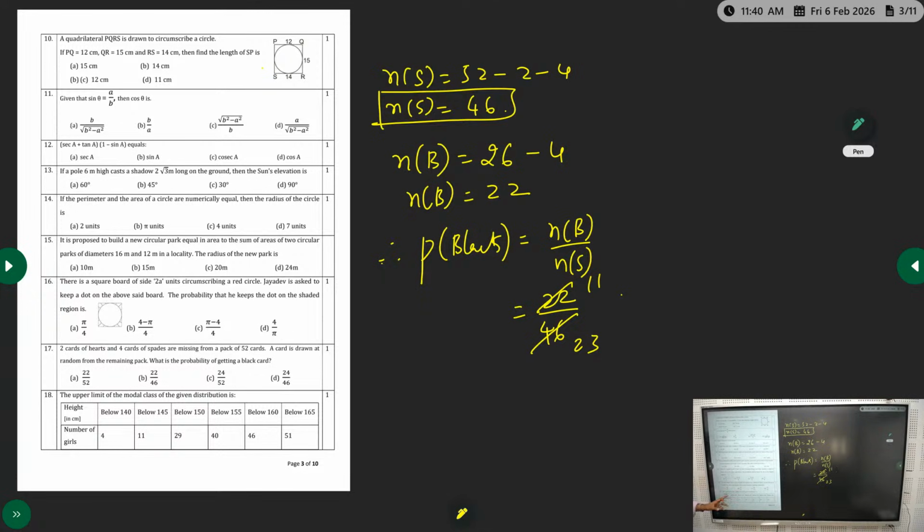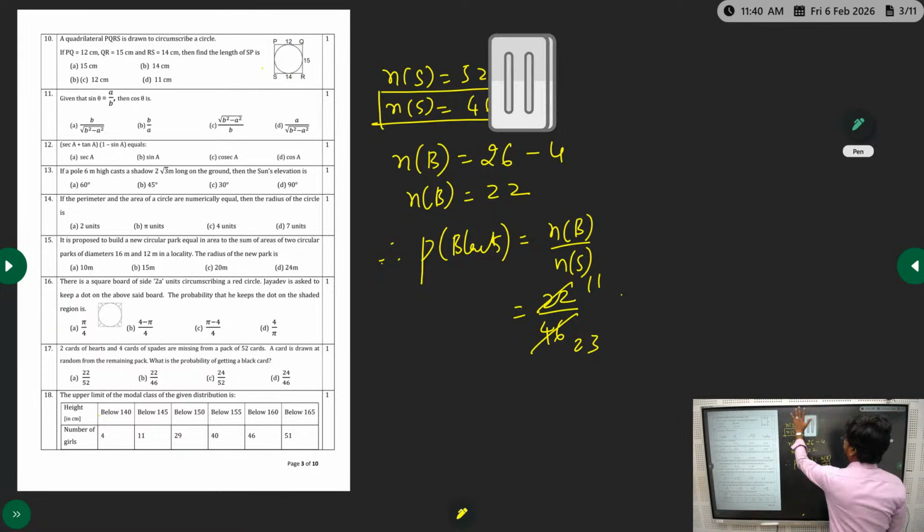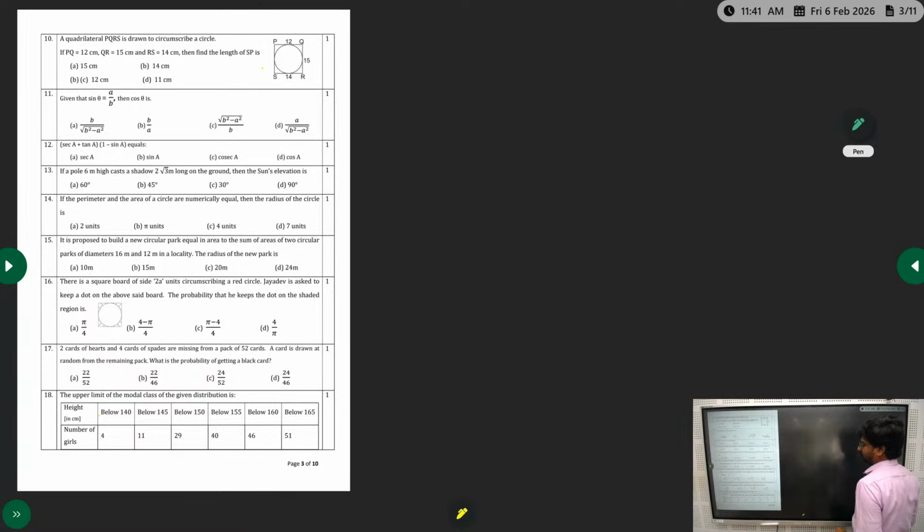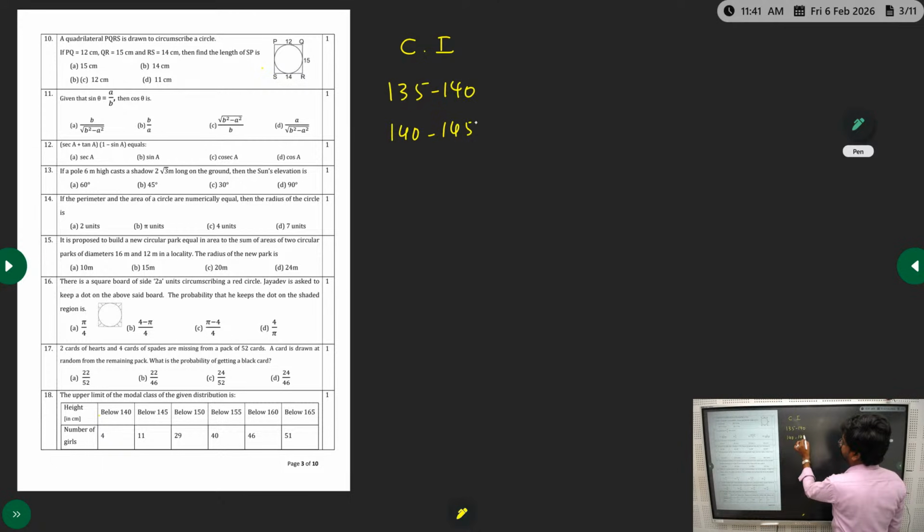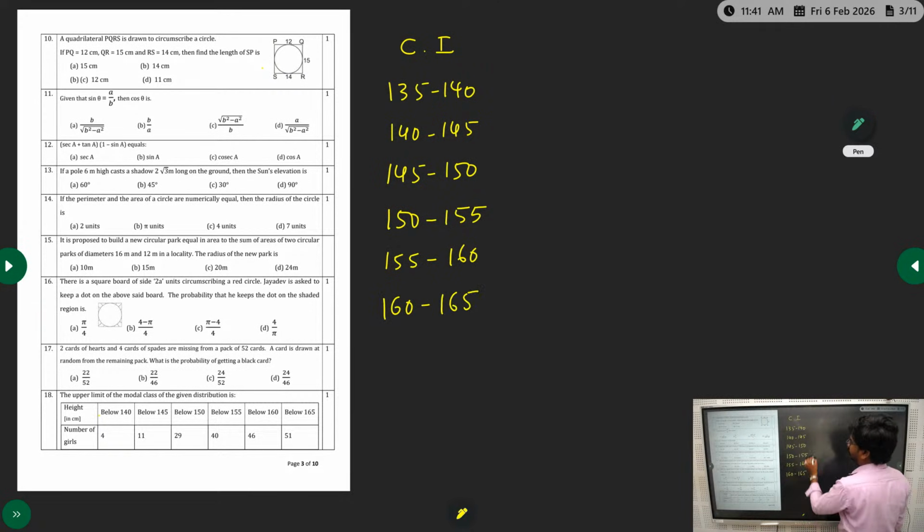Write first, everybody, class interval: 135 to 140, 140 to 145, 145 to 150, 150 to 155, 155 to 160, 160 to 165.